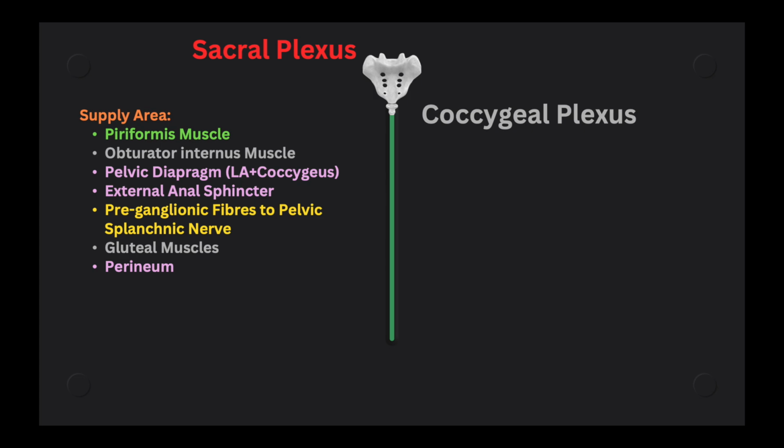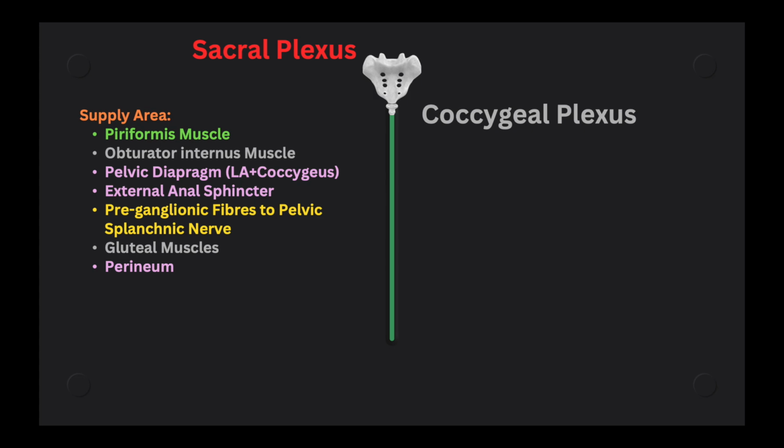So pelvic diaphragm means levator ani and coccygeus muscle. It also supplies one more organ which is important to us, that is the external anal sphincter, and it also supplies the entire perineum, including the superficial and the deep pouches.